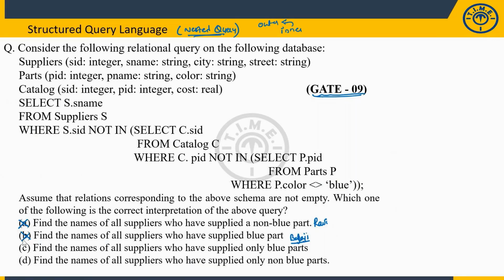Sir, option D. Ravi, change it to option D. Balaji? I don't know.